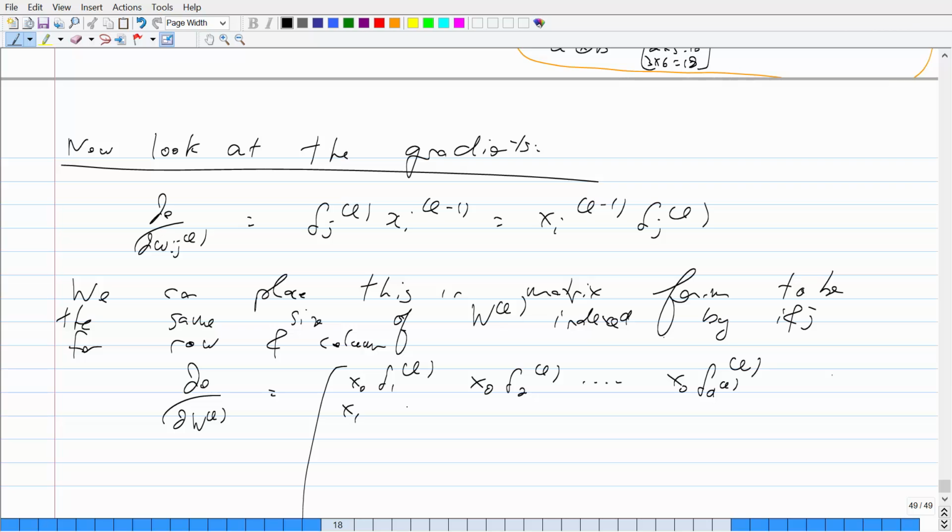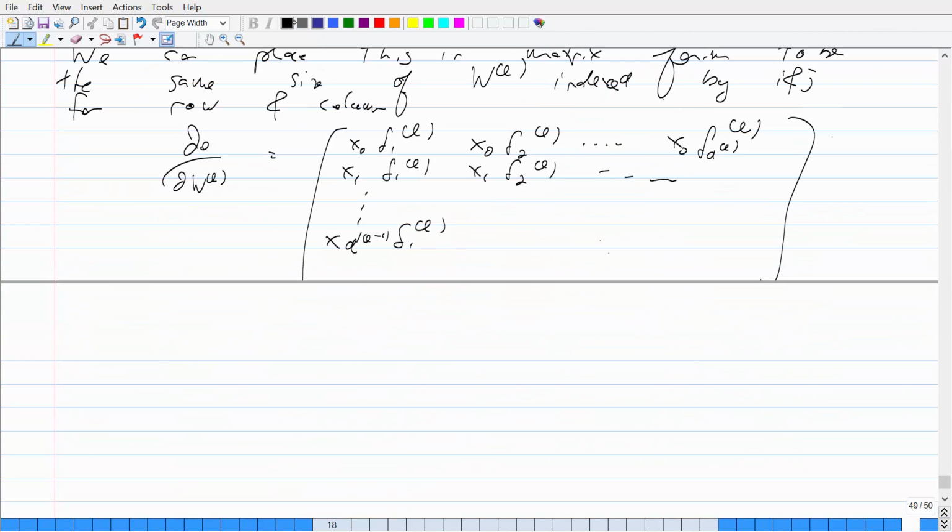So this is x1, x of d minus 1, previous layer. And this is x1 and so on and so forth. So it looks like that.